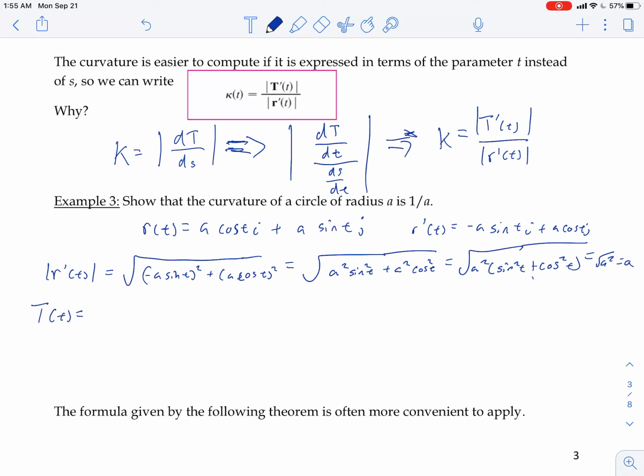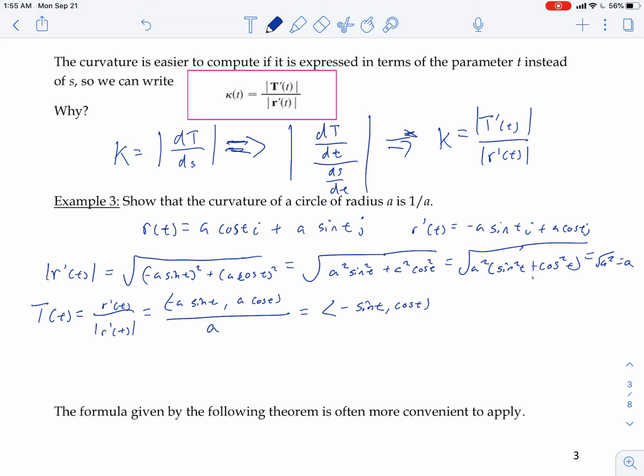Now if we do our tangent, so if we do T of t, that's just going to be r prime of t over the magnitude of r prime of t. And that's going to give us negative a sine t, a cosine t, all over a, which we just found.